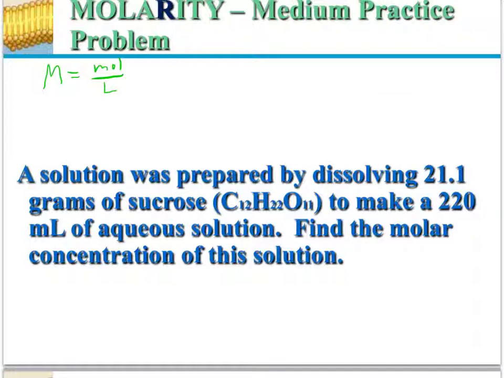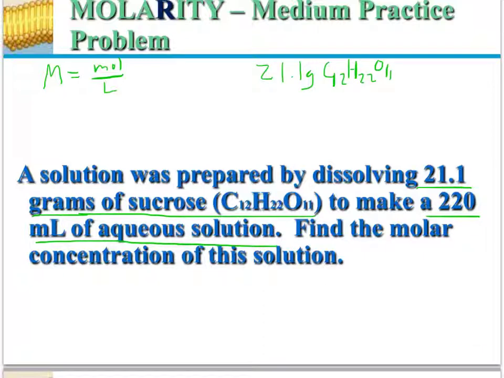And our known is 21.1 grams of sucrose. So we're not given moles of solute, so we need to find moles of solute from this information. We also are given 220 milliliters of aqueous solution. Well, we need to convert that to liters because to use the equation you need liters.